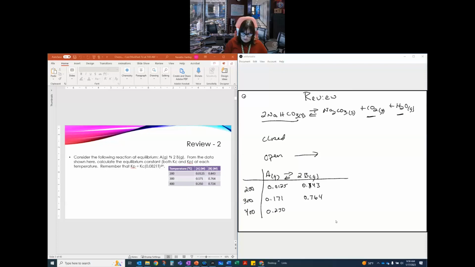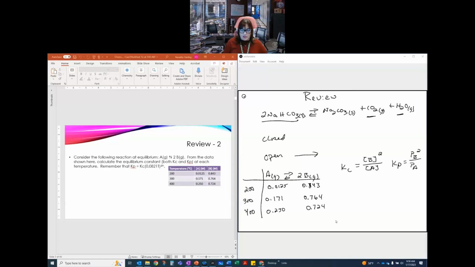I know that my Kc is equal to the concentration of my product, B, raised to its stoichiometric coefficient 2 over the concentration of A. I also know that if I were to write a Kp, that would be equal to the pressure of B squared over the pressure of A. Okay.